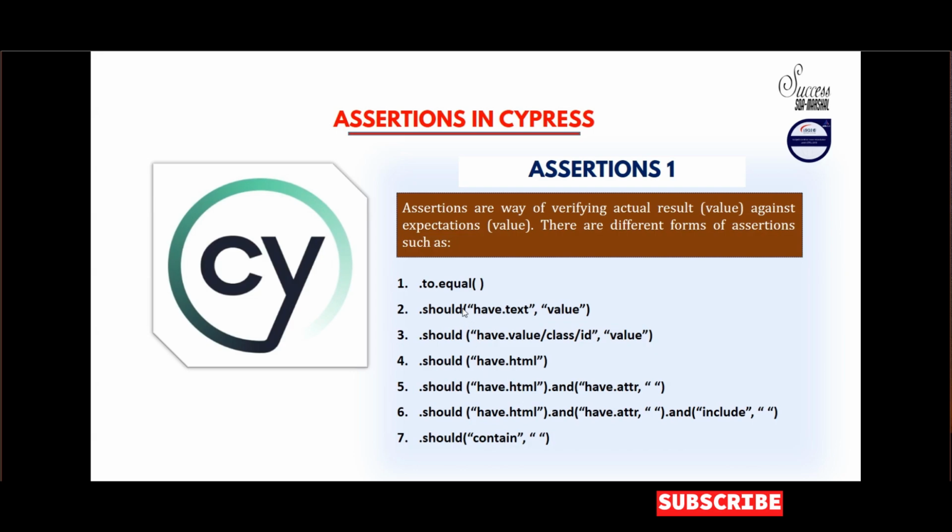Now, before we go into each of these, assertions are just a way of verifying actual results against expectations. There are different forms of assertions, such as the ones we have just mentioned. When you are doing manual testing, you have your test case, and in your test case you have your test scenario, test step, and of course your expected result.